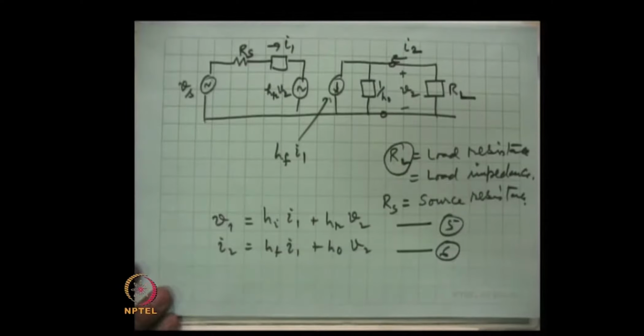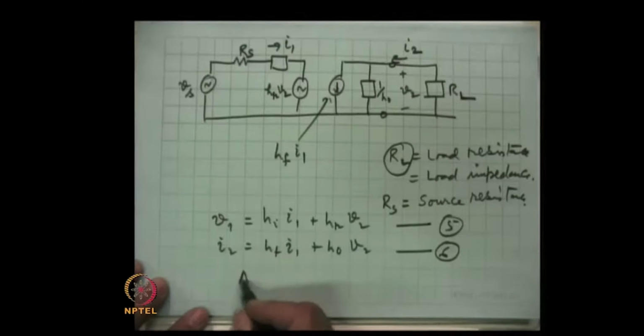Now, the voltage gain A V is defined as the output voltage by input voltage. So, from these equations, now we have to manipulate these equations such that we get this ratio V2 by V1 and no other unknown parameter.